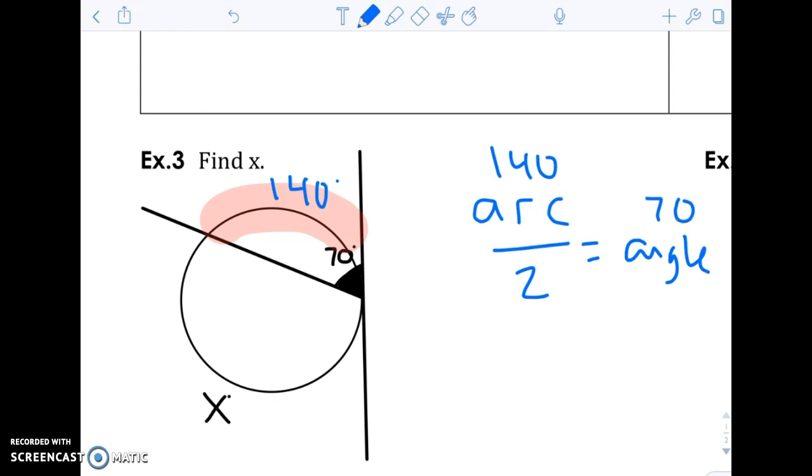To find x, I could use the whole circle and 360, or I could use the supplementary angle and say, well, I know this is 110, and then to find the arc associated with that angle, which would be this one, I take the angle times 2, and I get 220 degrees. Either way you do it, you're going to get the right answer.